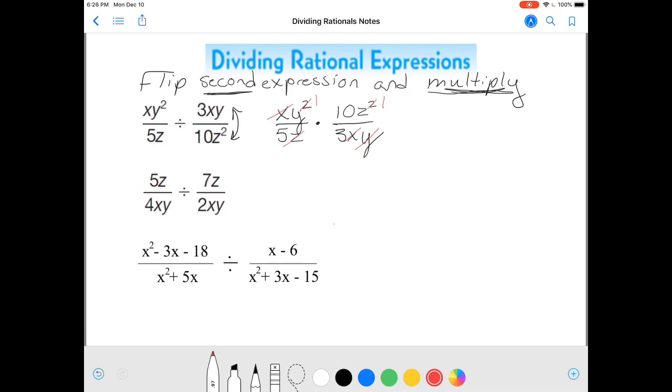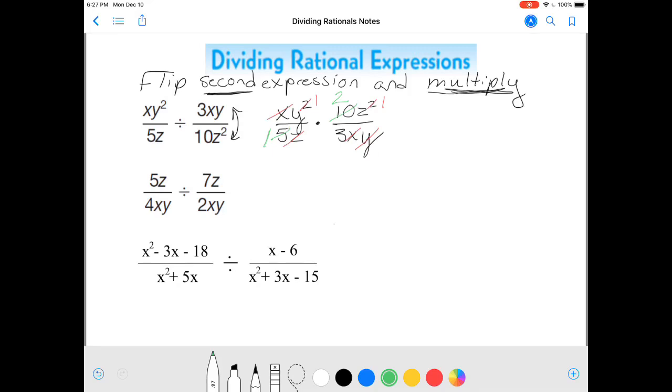We have z squared in the numerator and z in the denominator. So again, it's going to be z to the first power. We also have a 10 in the numerator and a 5 in the denominator, which share a common factor of 5. So we can simplify those as well. 10 divided by 5 is 2, and 5 divided by 5 is 1.